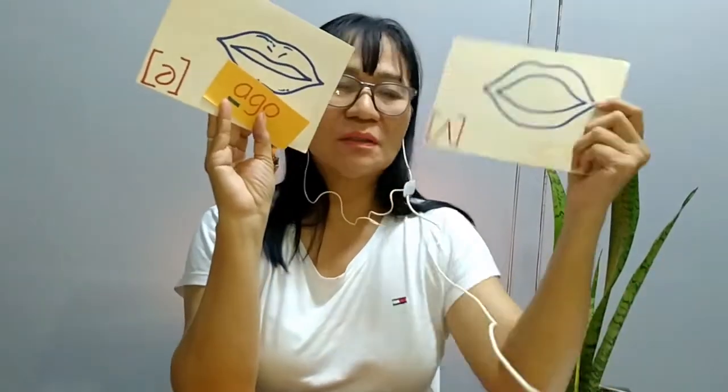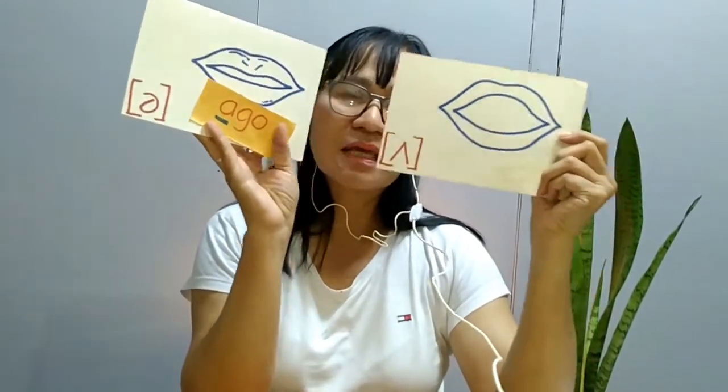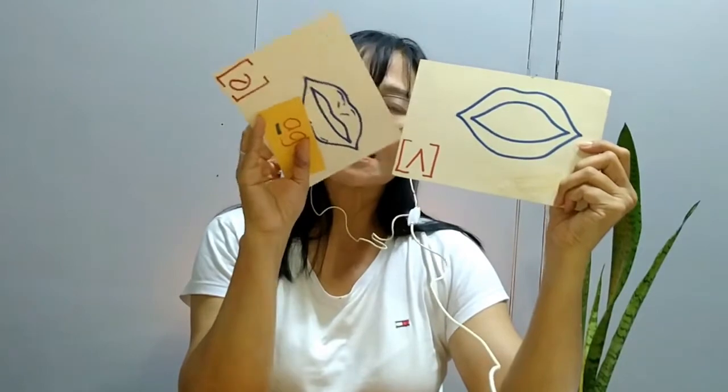Next, the counterpart of this symbol is this one. If this symbol is used in the unaccented syllables, then this one is what is produced in the accented ones. Just like in the word "bought."